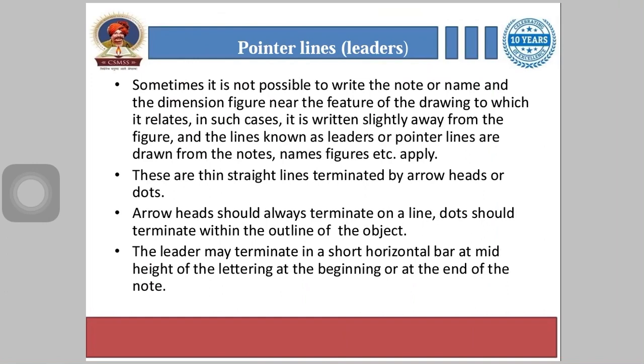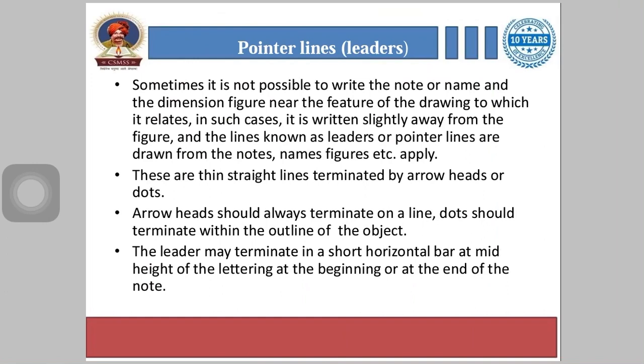Pointer lines, also known as leaders. Sometimes it is not possible to write the note or name and the dimension figure near the feature of the drawing to which it relates. In such cases it is written slightly away from the figure, and the lines known as leaders or pointer lines are drawn from the notes, names, figures, etc. to the feature they apply to.